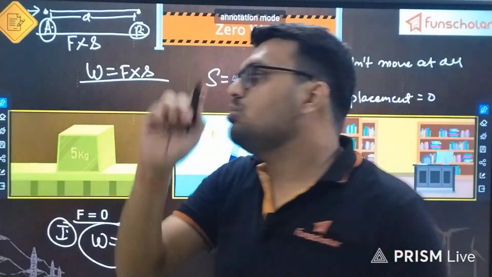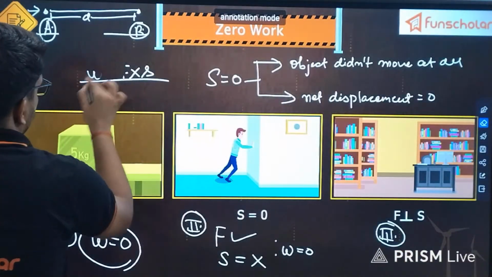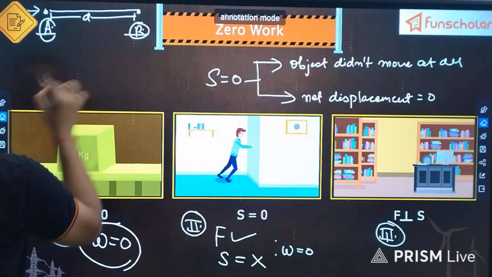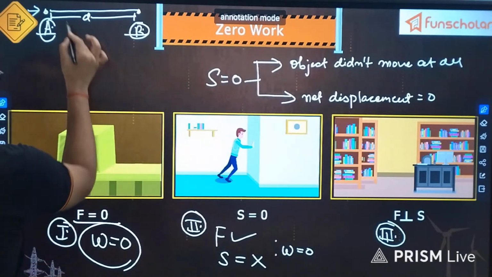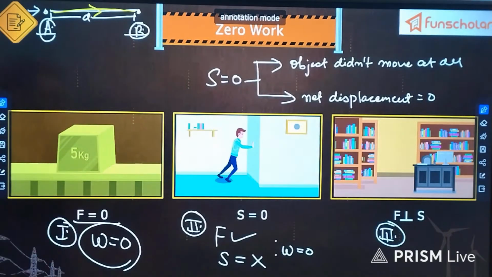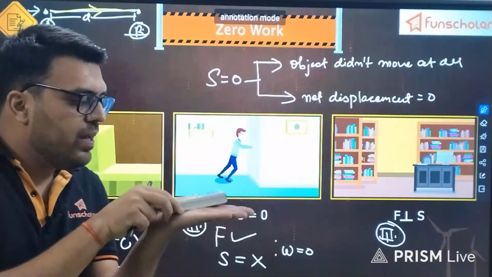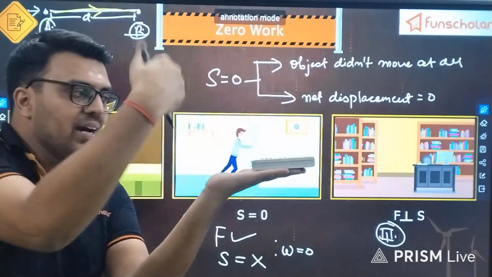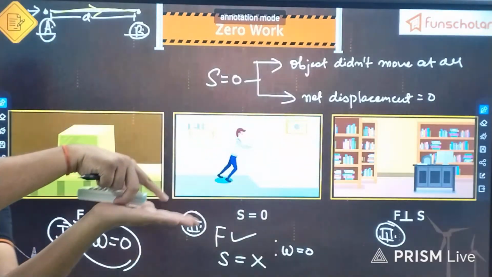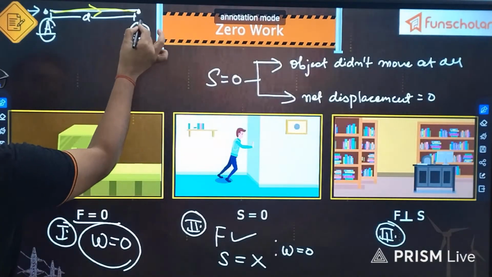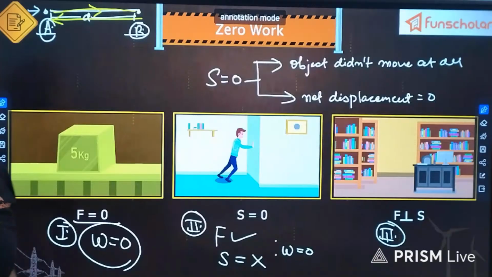But this scenario is now changed. My assumption is the object has gone through this distance, reached from A to B and again come back to the initial position, B to A. So it has gone there and come back to the initial position.